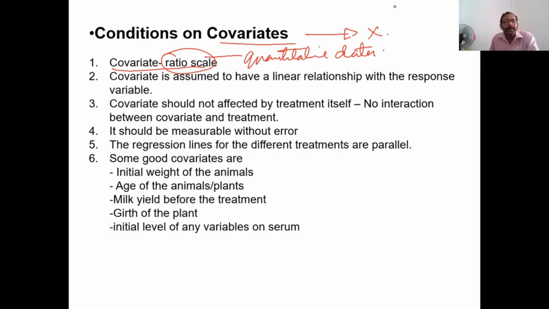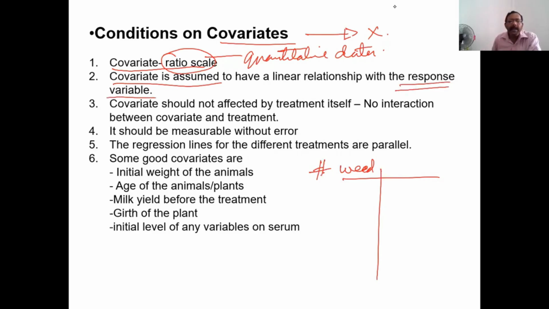The second point is that the covariate is assumed to have a linear relationship with the response variable. Here in the first example, the number of weeds has a highly linear relationship with the response variable. What is the response variable in the first example? Number of weeds killed.